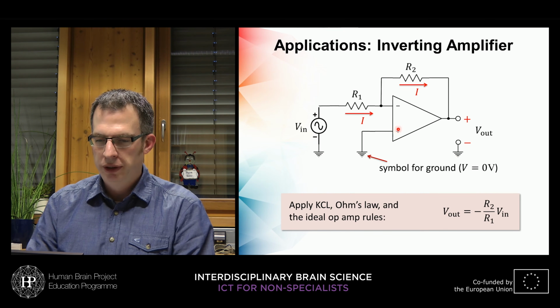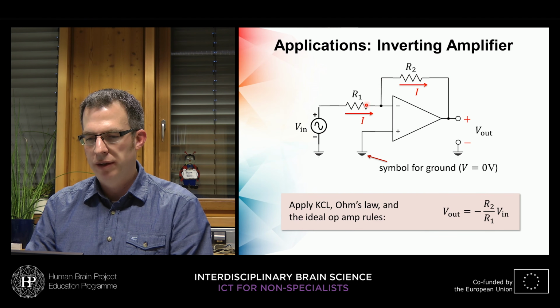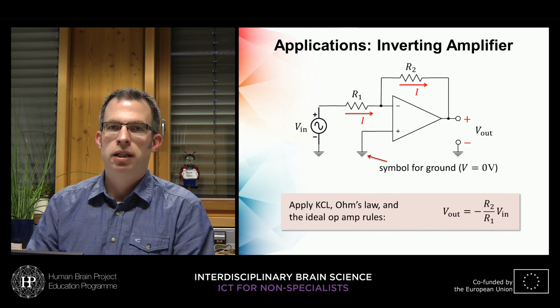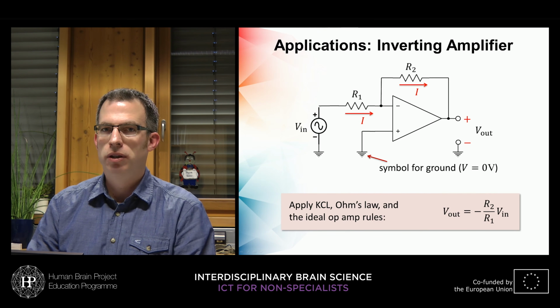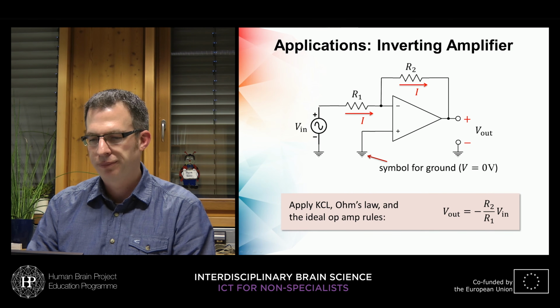So we connect the non-inverting input to ground, and we have a negative feedback path from the output using a resistor, which I called R2, to the inverting input. And from there we have another resistor connected to an input voltage source, which can produce an alternating voltage or an input signal or whatever we want to amplify.